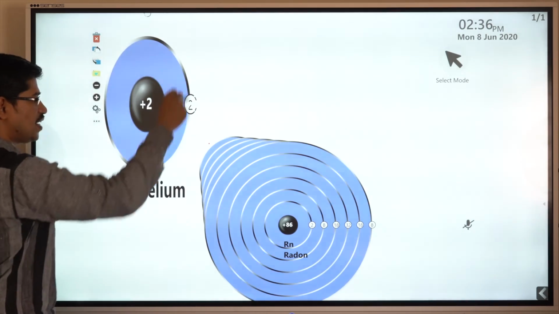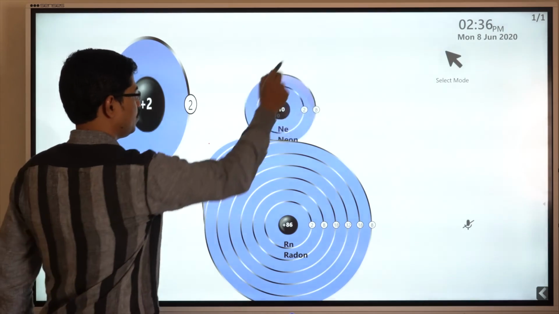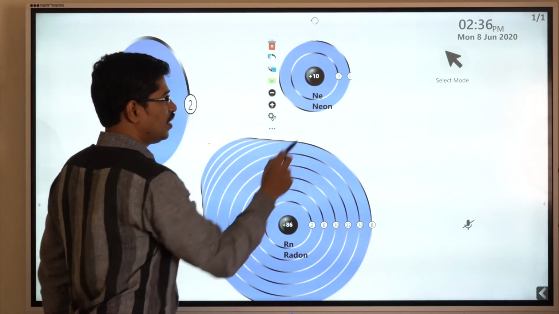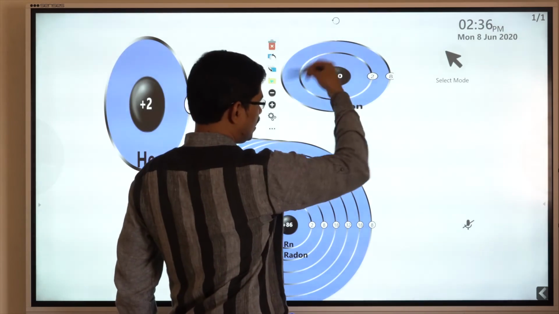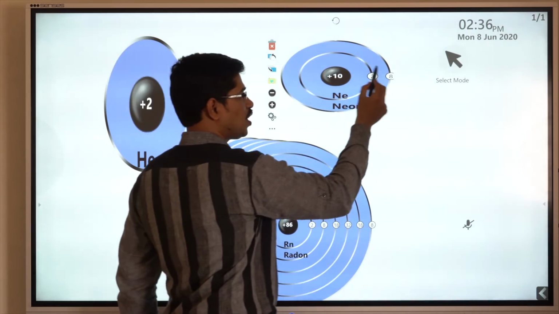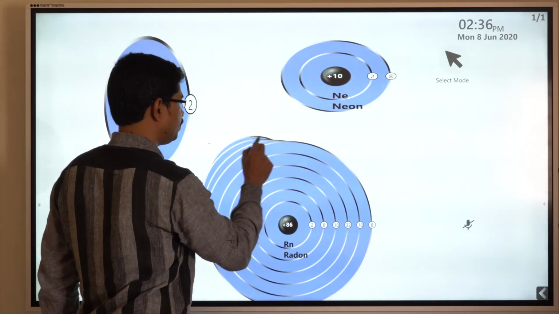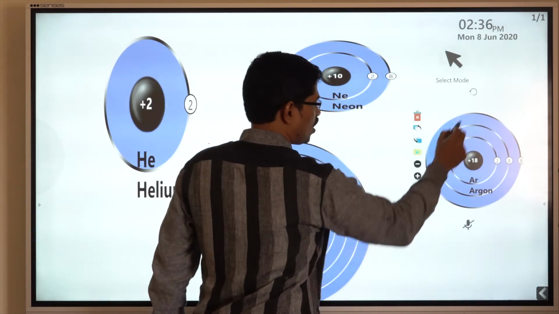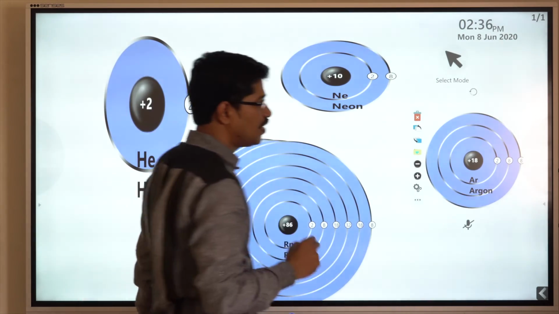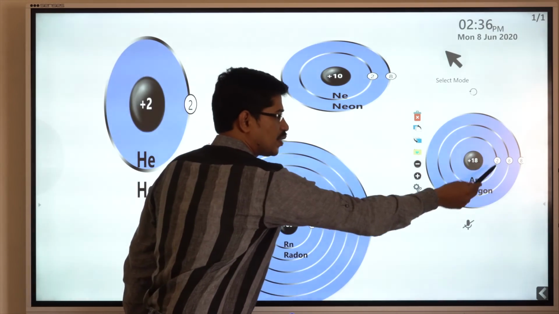So this is called duplet electronic configuration. Similarly, neon: the valency shell and the inner shell. The inner shell has 2 electrons. Neon's electronic configuration is 2, 8. It has 8 electrons in the outermost shell. Now argon. What does argon consist of? 2, 8, 8. It means 2 electrons, 8 electrons and 8 electrons.